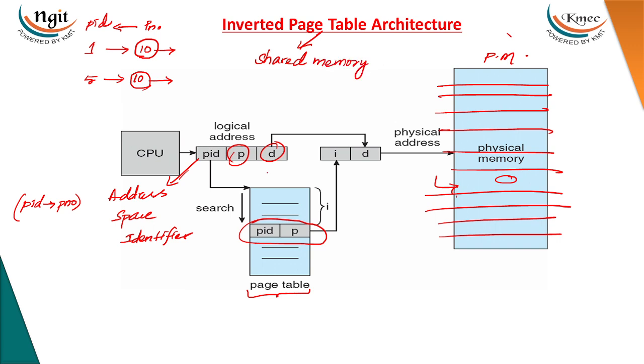So the first problem is that, even though there is a space advantage, with the amount of space to store page tables reduced, the time to search will be increased. The second is the difficulty in implementing shared memory. That's why we are not using inverted page tables in most operating systems.